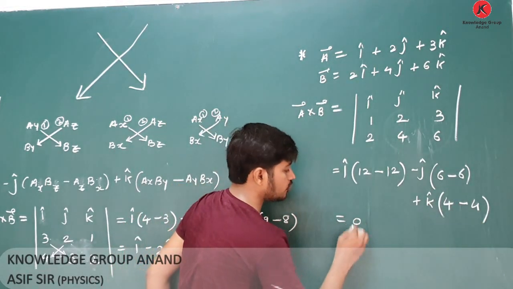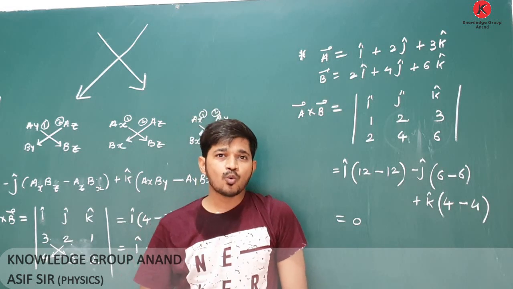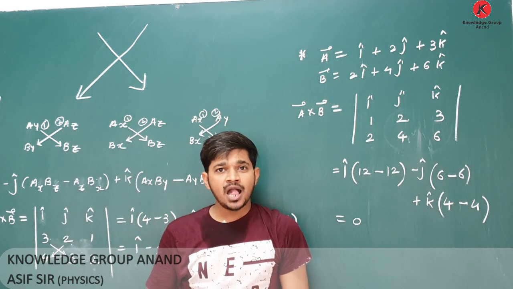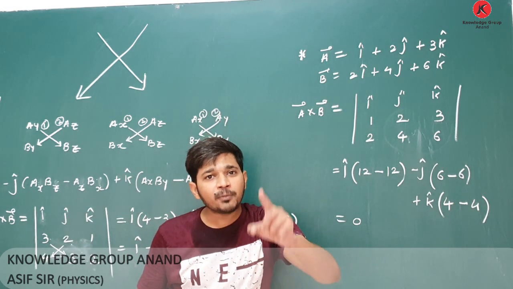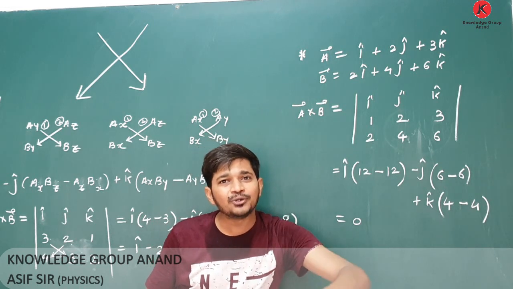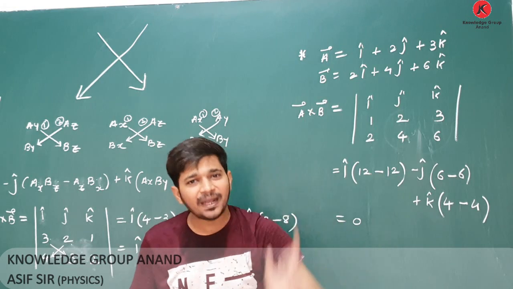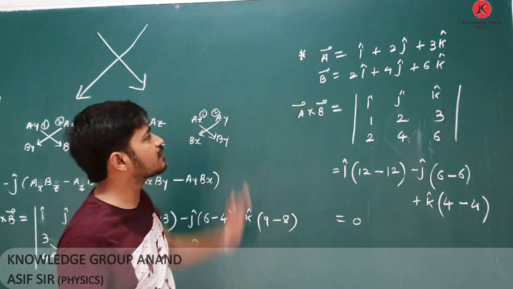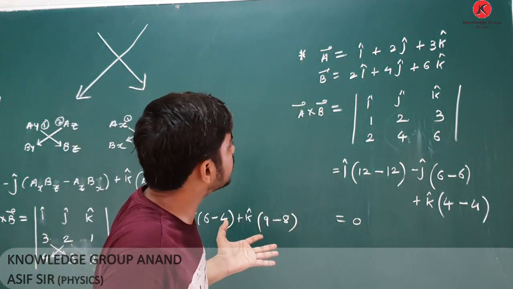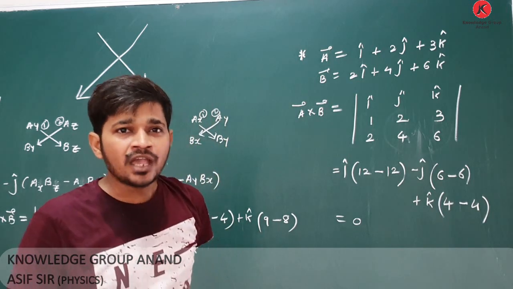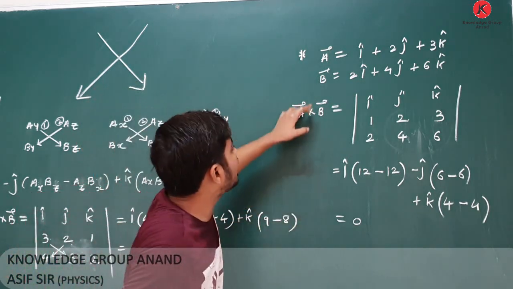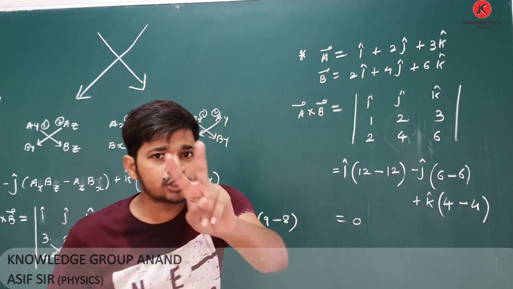Then what is your answer? 0. Now remember, the cross product is 0 when two vectors are parallel. Yes, these two vectors are parallel. So how are these two vectors parallel?